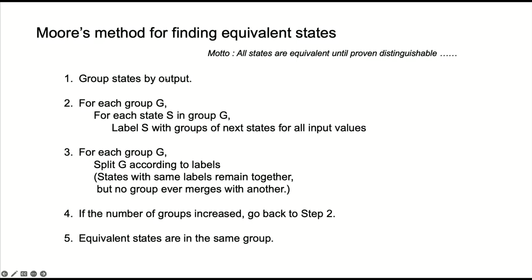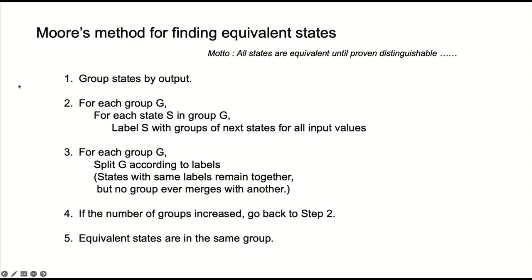The first clue that two states are not equivalent is they have different output. So if their output is immediately different, they need to be in separate groups. They're no longer equivalent. Then the next step is two states are not equivalent if they have next states that are not equivalent.